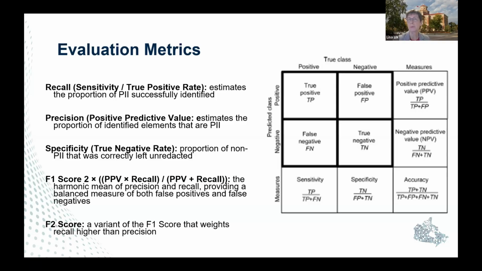And then our probability that it is a name, for example, so we can identify the true positives but also the false positives, where we know from our annotated data set what particular category of personal identifying information an entity belongs in, and we know if we're correctly identifying it, as well as where it's a false negative or a true negative, and we shouldn't be redacting in those cases of true negatives.